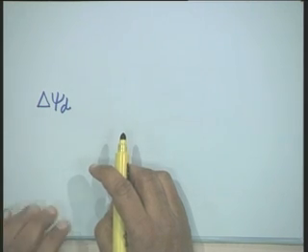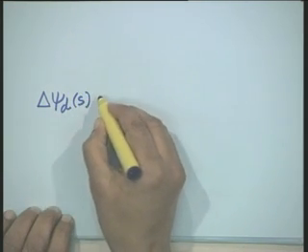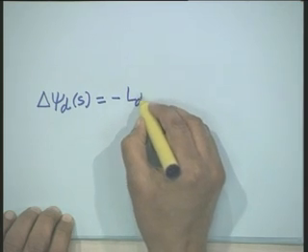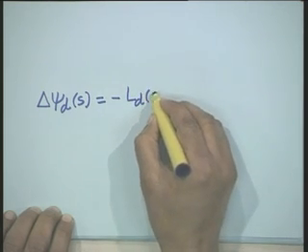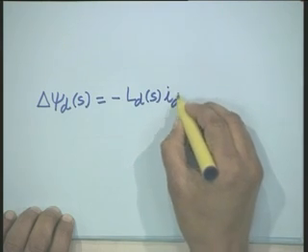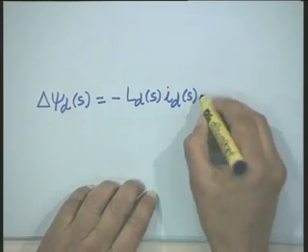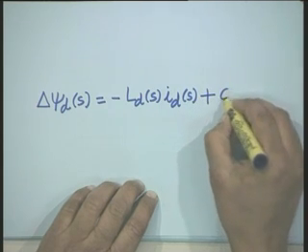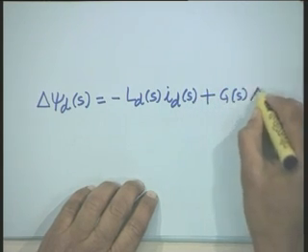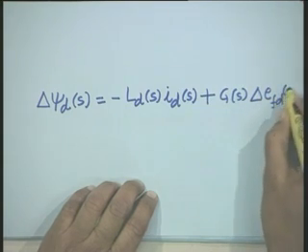We will represent delta psi d(s) as equal to minus Ld(s) times delta Id(s) plus a transfer function, which we will call G(s), times delta Efd(s).